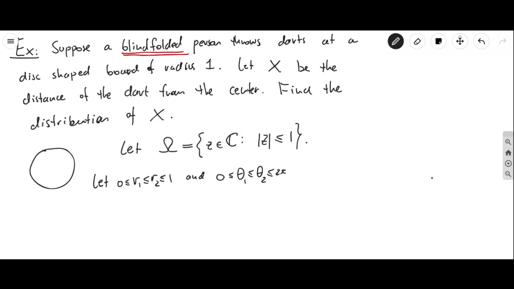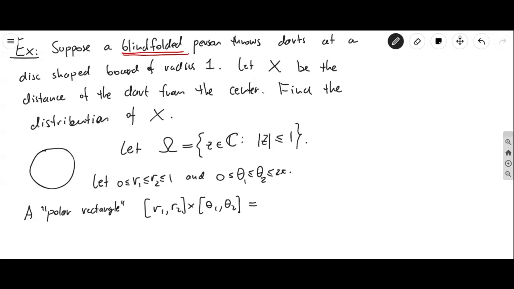So we're going to use polar coordinates over here. So a polar rectangle, and I'm going to use the notation (r1, r2) cross (theta 1, theta 2).